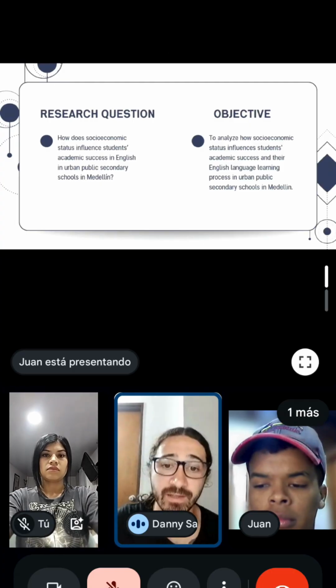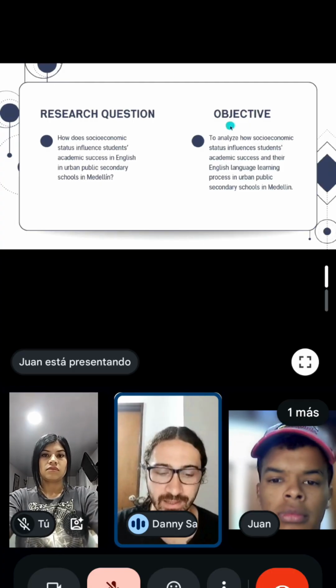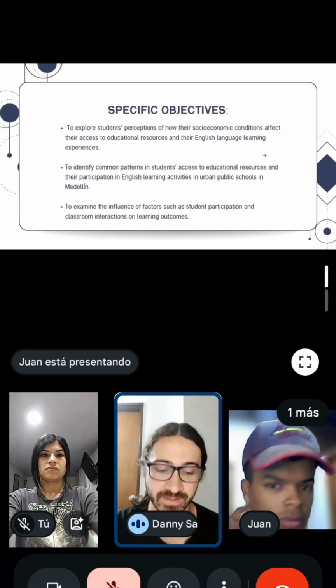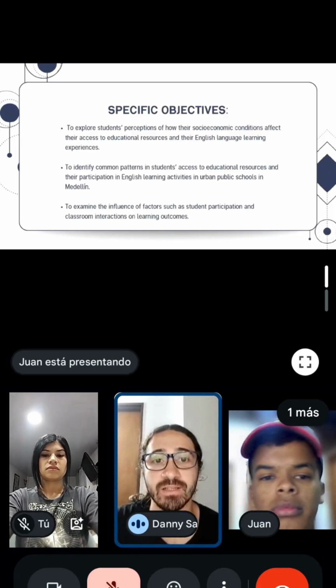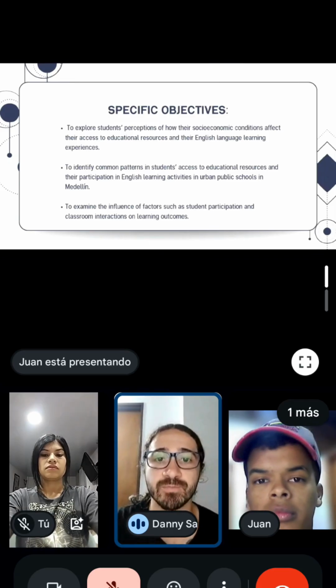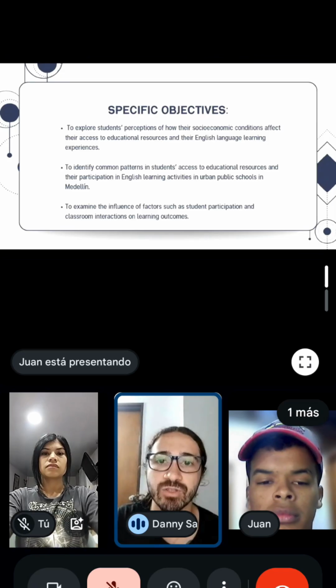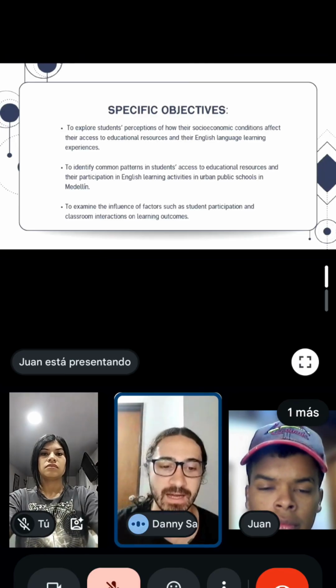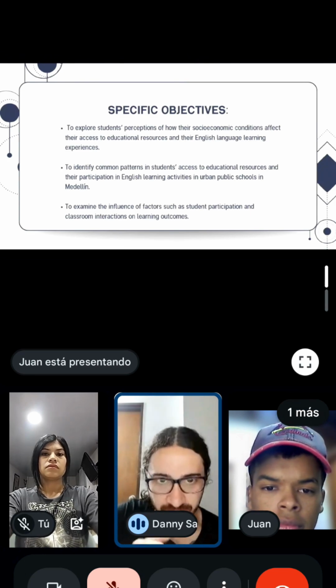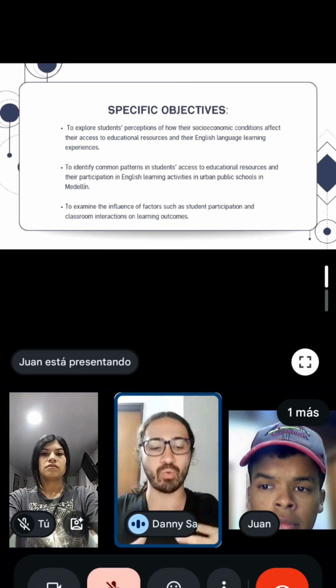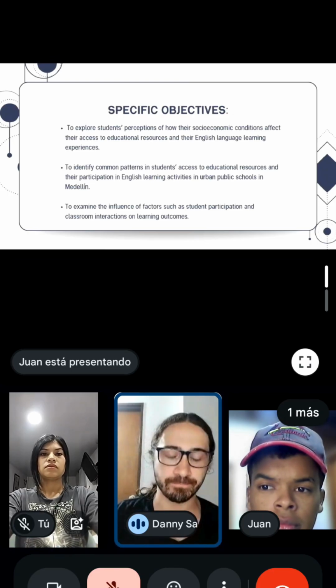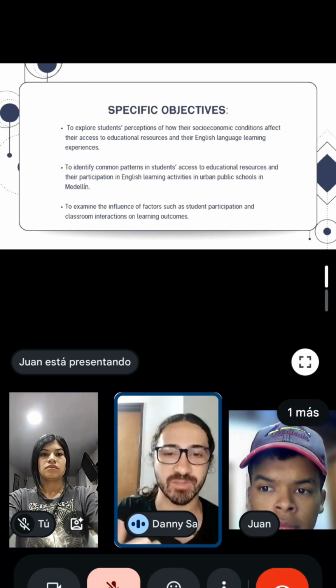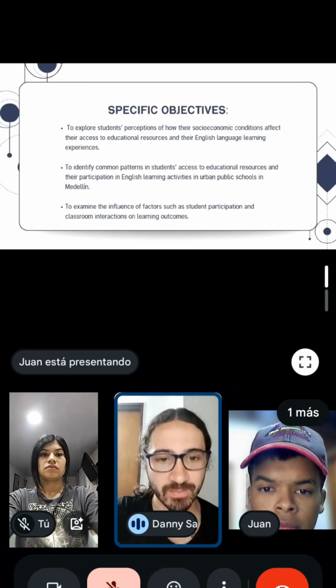On the next slide, we have the specific objectives. The first one is to explore students' perception and how their socioeconomic condition affects their access to education. And you can see the rest of the sentence on the screen. We chose this verb, to explore, because we want to focus on students' personal experiences and perceptions.